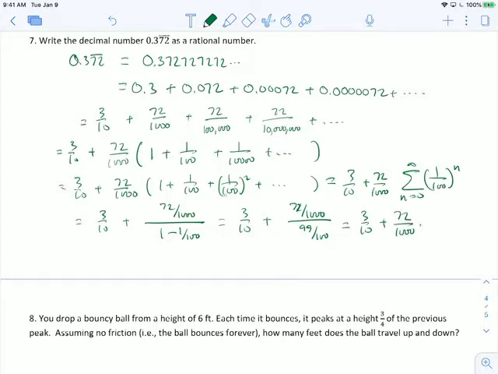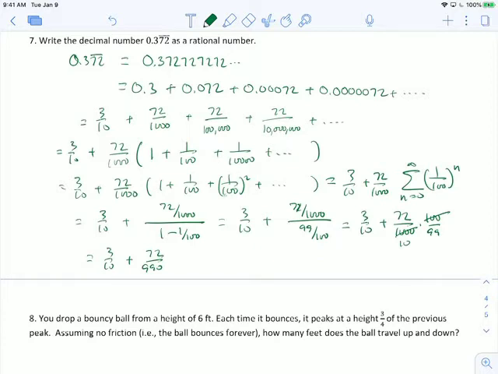So hopefully we're remembering some things about combining fractions going on here. That leaves me with a 10 there. So I get 3/10 plus 72 over 990.